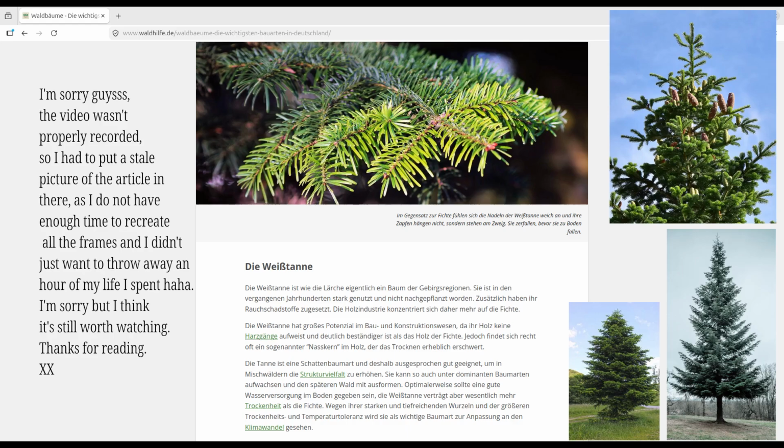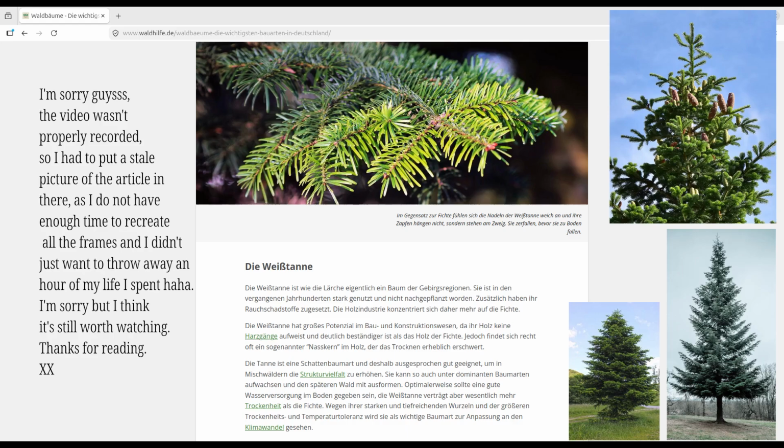So optimally should a good water supply im Boden, in the ground, in the soil, gegeben, which means being given, passive form of geben, which means to give, sein, so it should be given, pretty much the same in English.